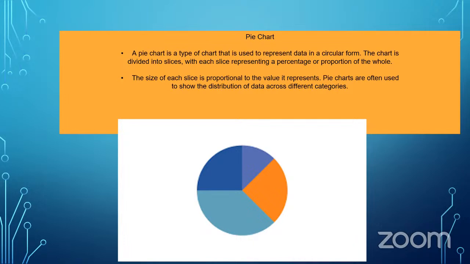For example, 1, 2, 3, 4, 5. Maybe this is 1, this is 2, this is 3, this is 4. Maybe there is a 4-point Likert type scale. And you will find this is the 4, that is the maximum people in favor of 4.